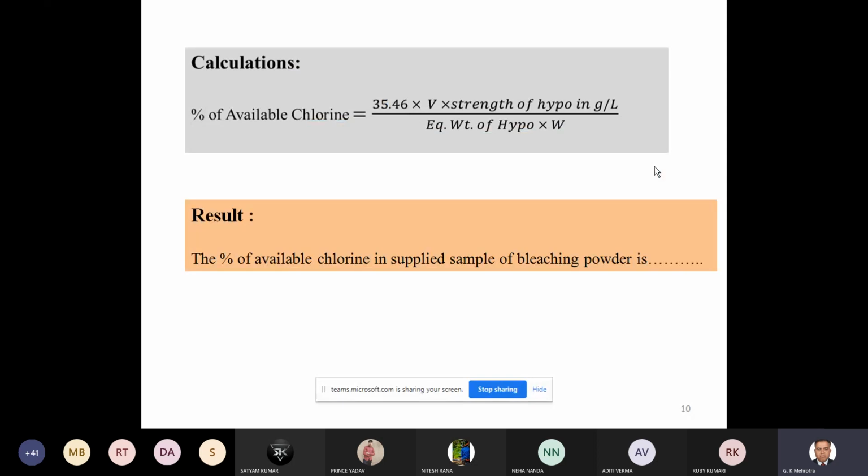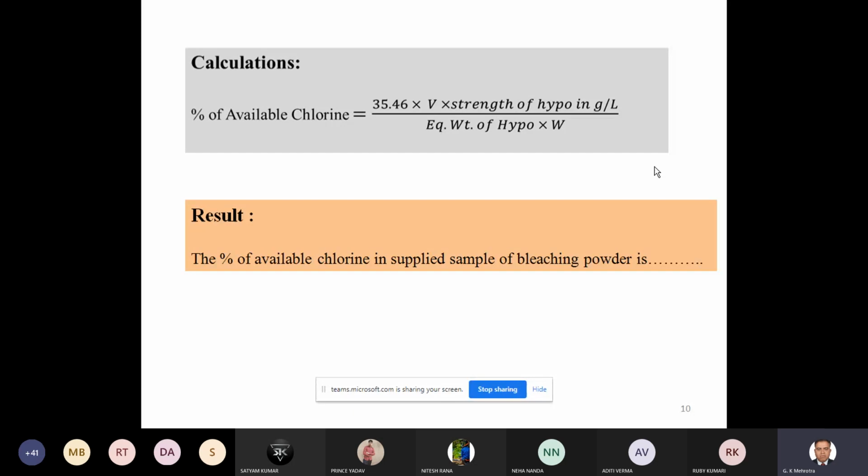This formula of percentage available chlorine is the final formula, based on the detailed calculations of finding out the strength of the hypo solution, and it directly gives you the percentage of available chlorine.